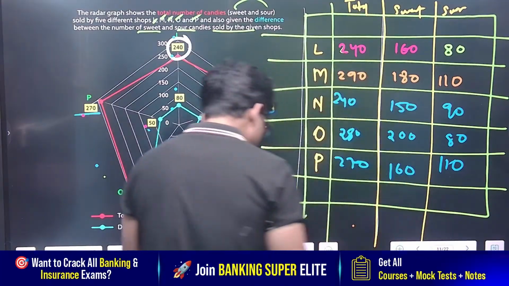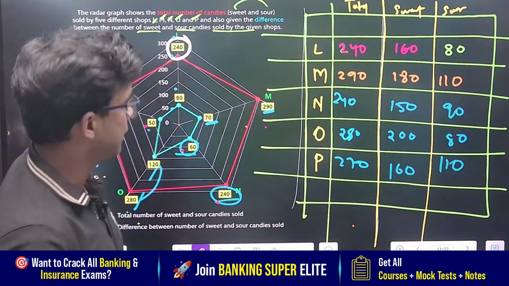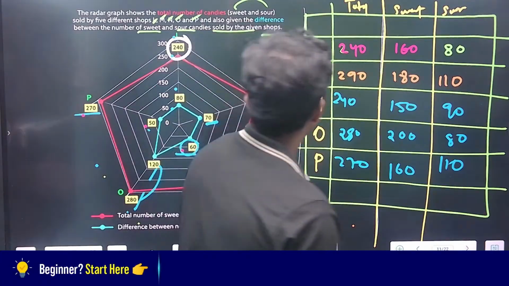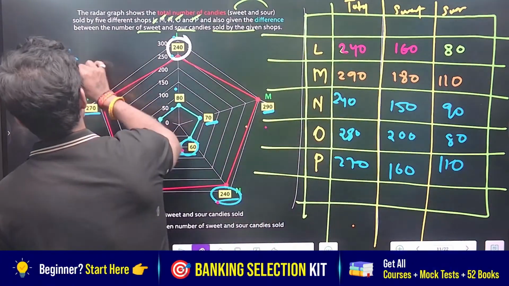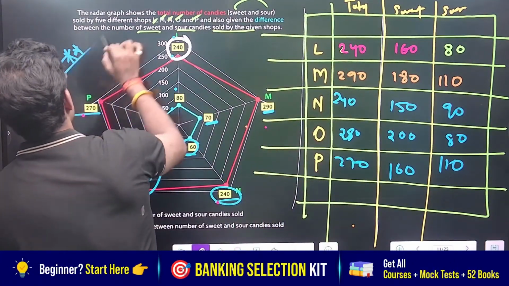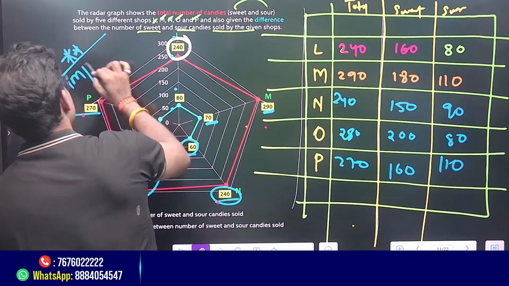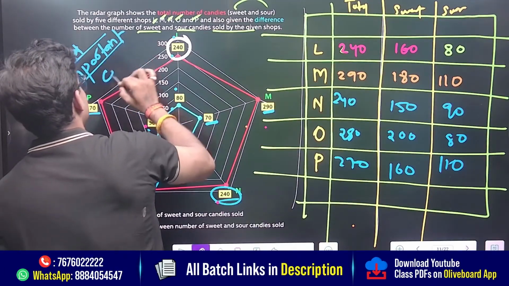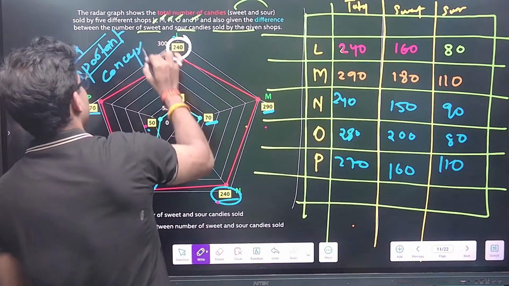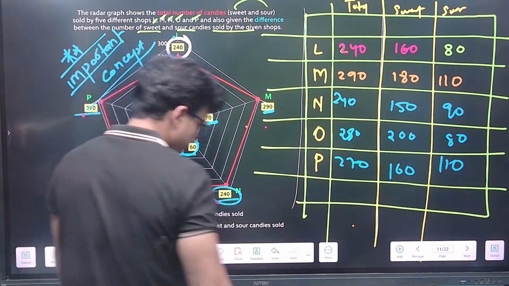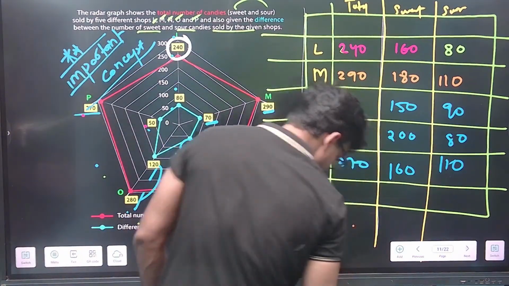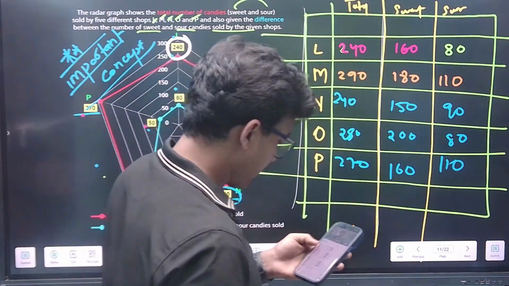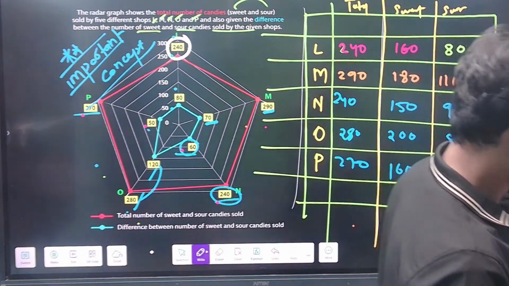Everyone understood? You can check the data, what I did. Very important concept. Everyone understood what I did?